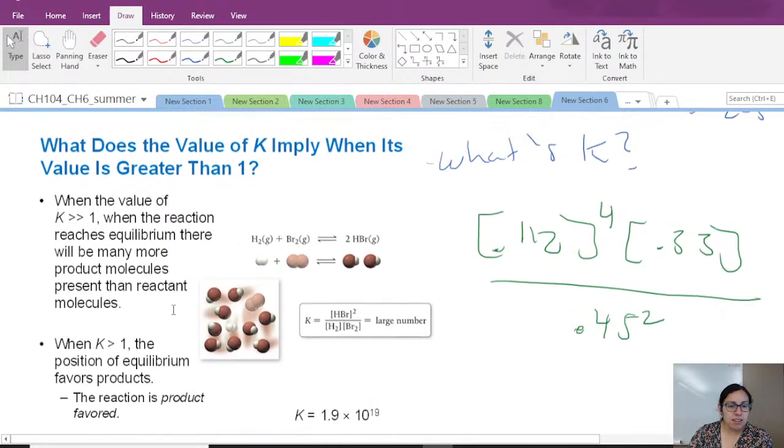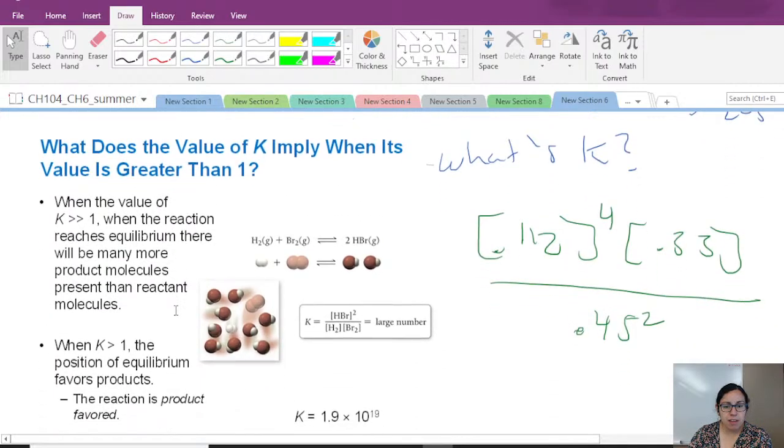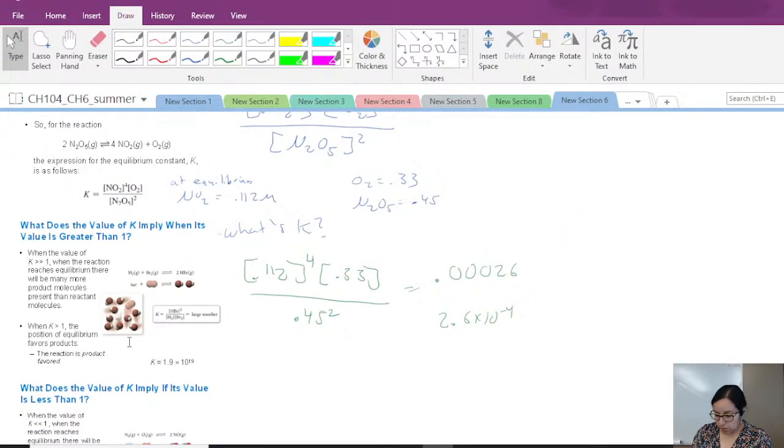And so let's look at these, right? What else does K imply? And again, when you're talking about this K, you want to keep it more broadly, right? Products over reactants now.